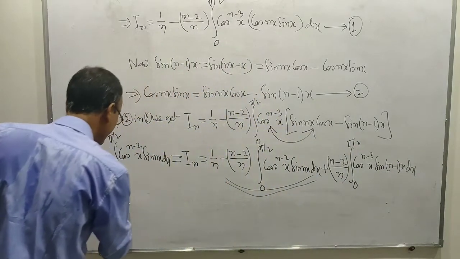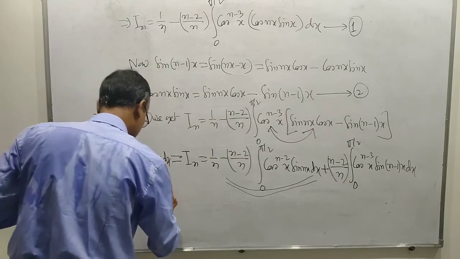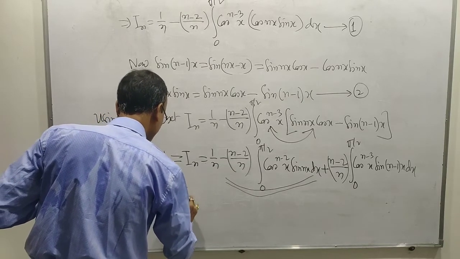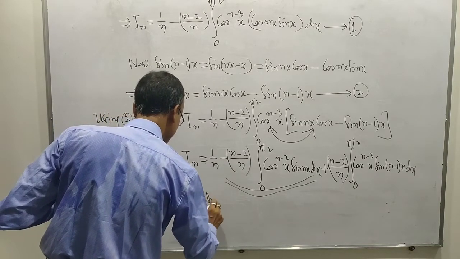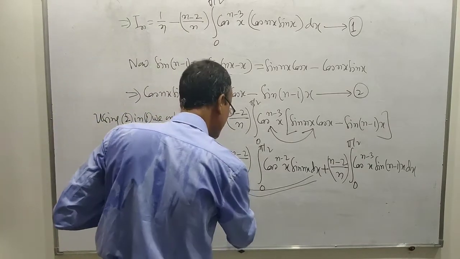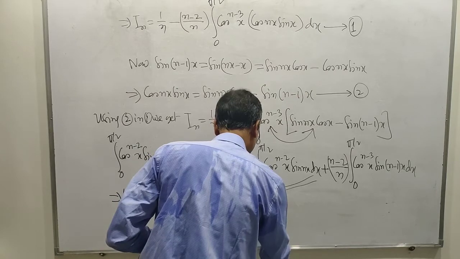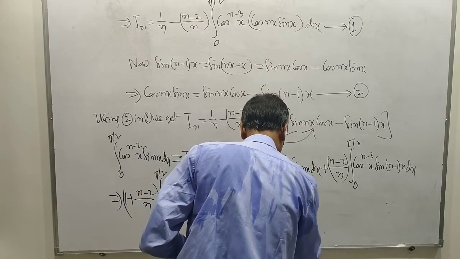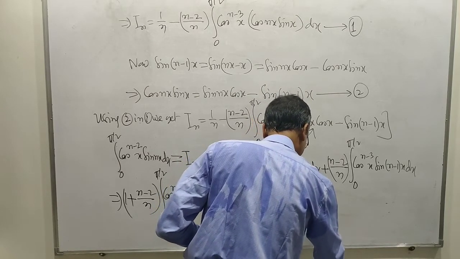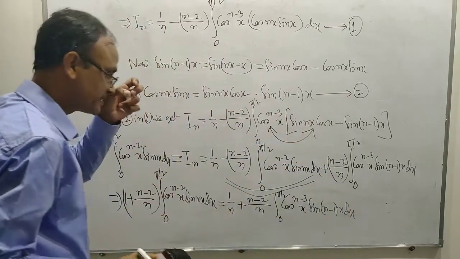This means you may write like this: 1 plus n minus 2 by n, integral 0 to pi by 2, cos to the power n minus 2x sin nx is equal to 1 by n plus n minus 2 by n, integral 0 to pi by 2, cos to the power n minus 3x sin n minus 1 x. Note it.